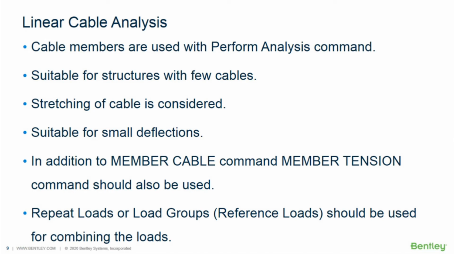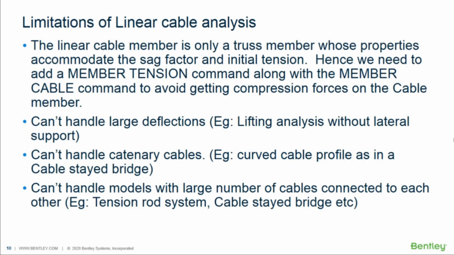Let's have a look at the limitations of the linear cable analysis. The linear cable member is only a truss member whose properties accommodate the sag factor and initial tension. Note that the cable member by default in STAAD, a linear cable member, is only a truss member. It is not a tension member. So some users complain that when they specify the cable member, they see that the member is taking compression also.